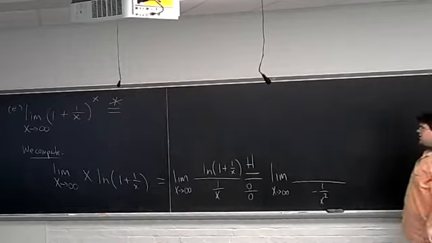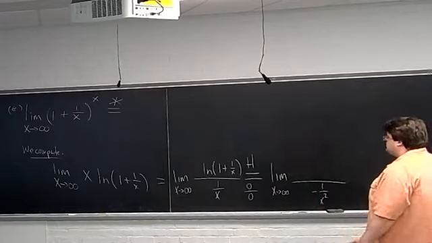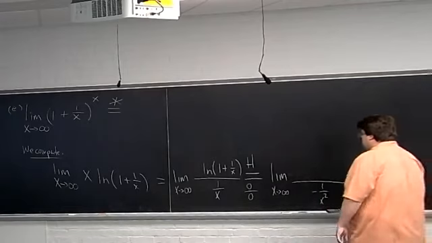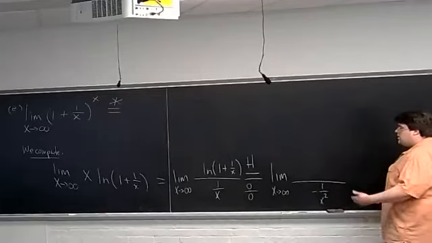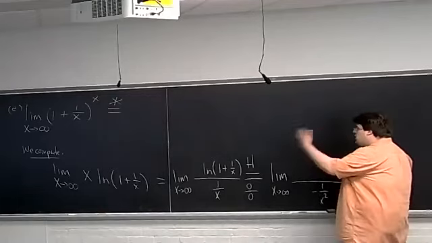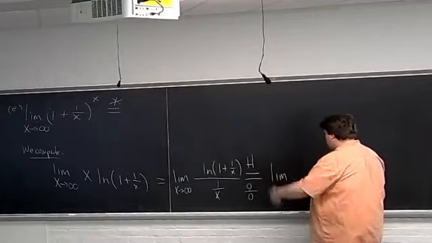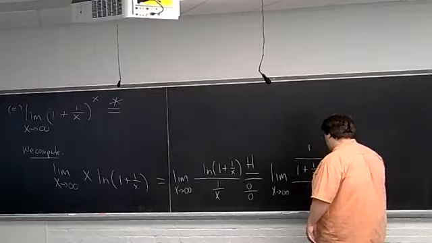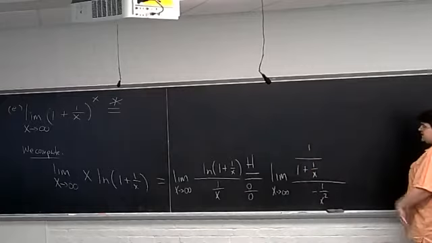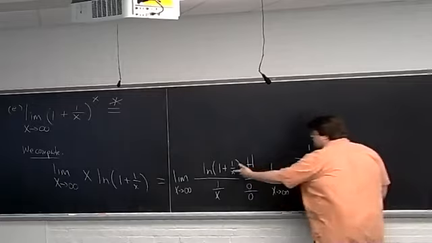What do we get in the numerator? Well, here, we're going to have a lot of fractions. But we have a lot of space up here, so we can write our fractions very large. We have a logarithm quantity. Derivative of a logarithm is 1 over that quantity, times, using chain rule, derivative of that 1 plus 1 over x.